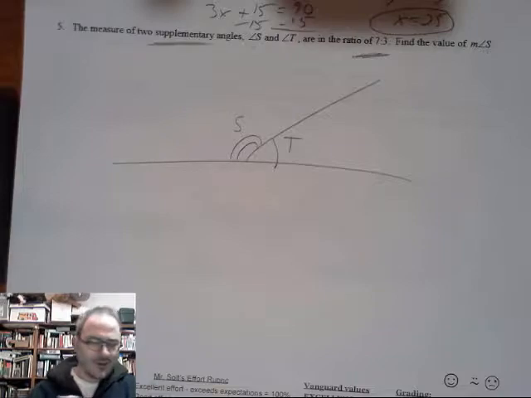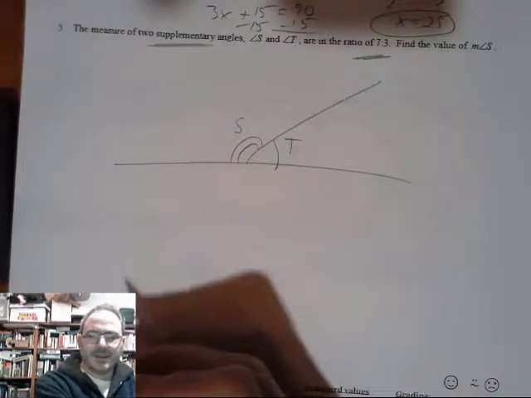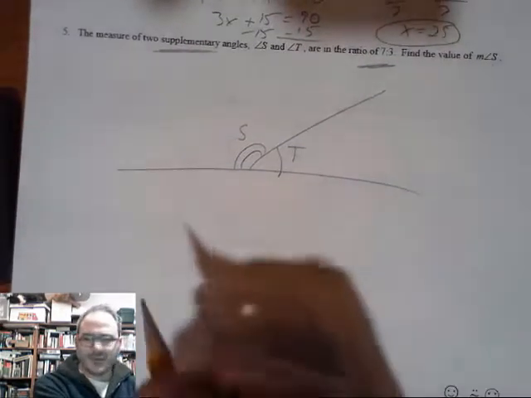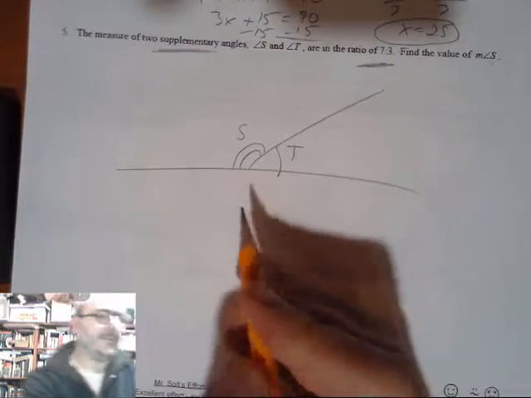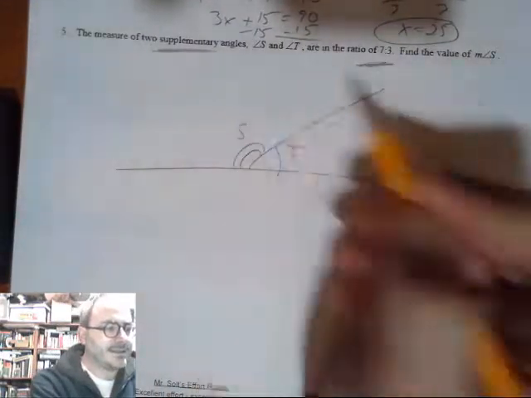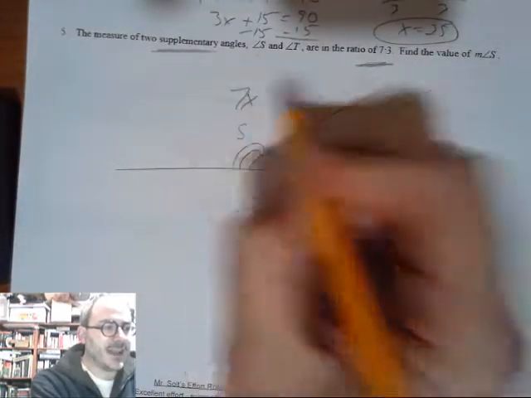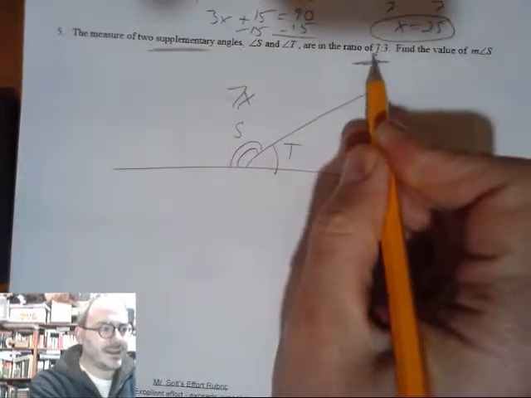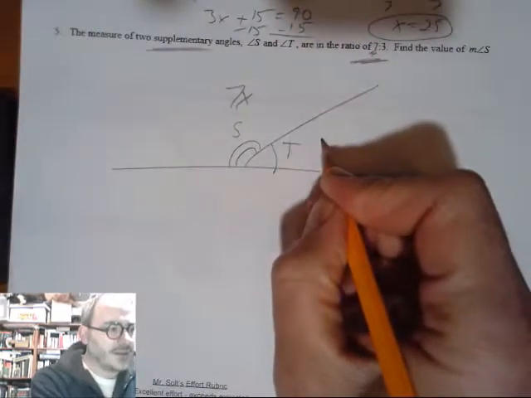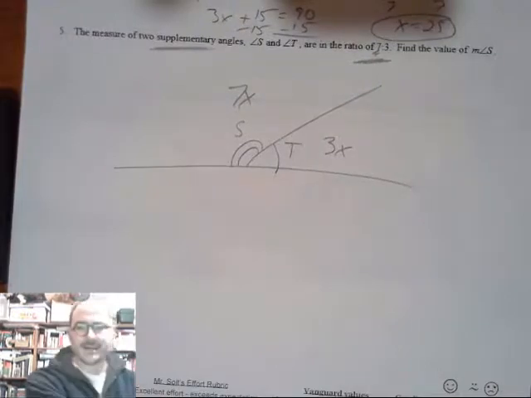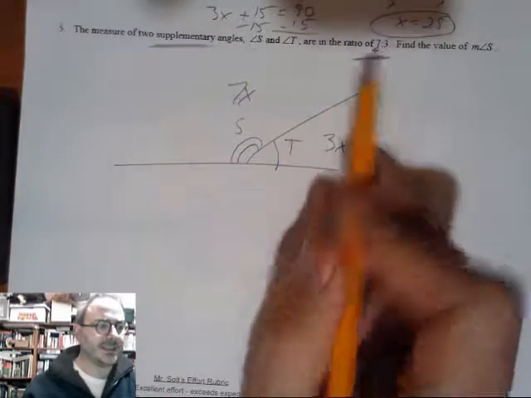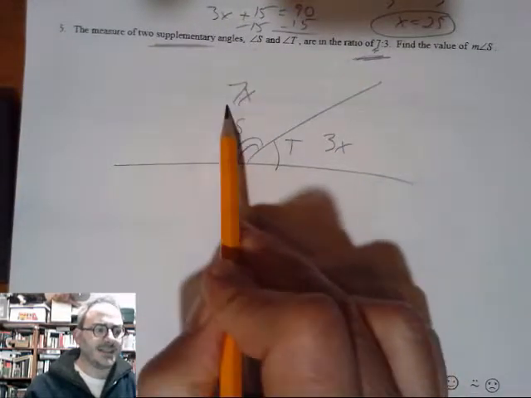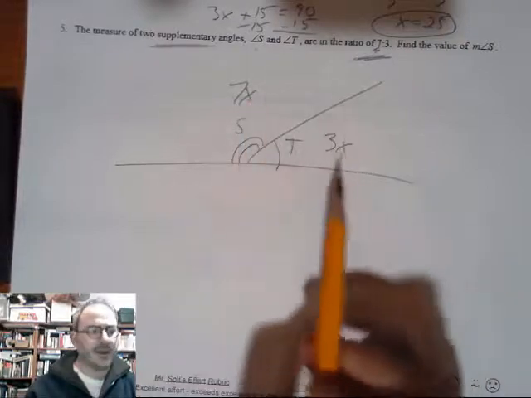All right, you've unpaused the video, and you're waiting for me to catch up to you because you're already ahead of me. Well, I know that S is going to be 7 times x because the ratio is 7 to 3. I know that T is going to be 3x. So this is 7 times an unknown number, and this is 3 times an unknown number.